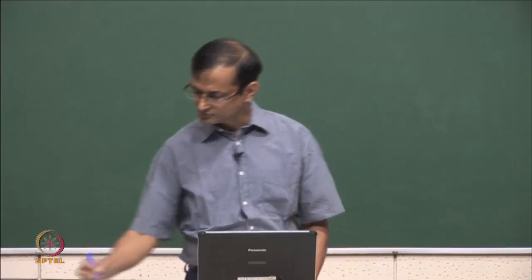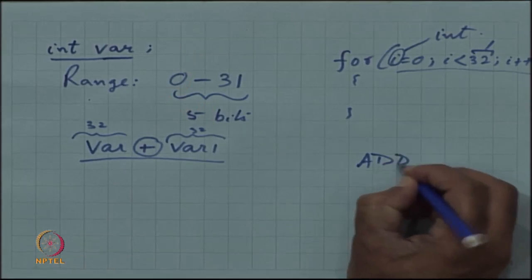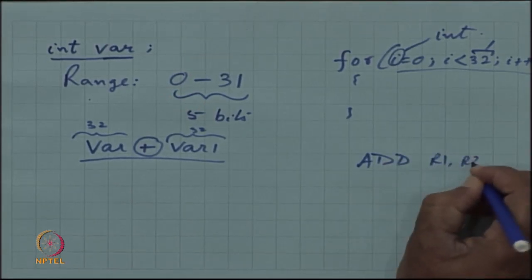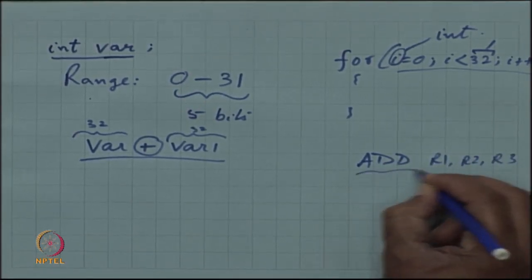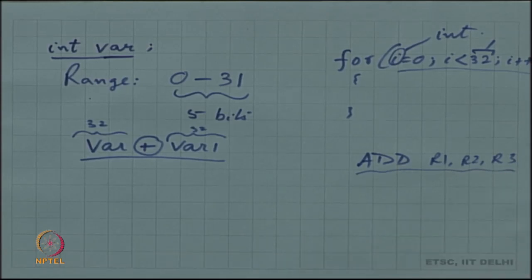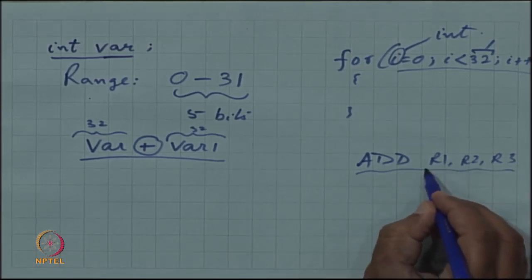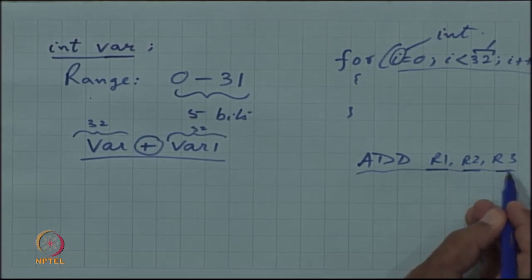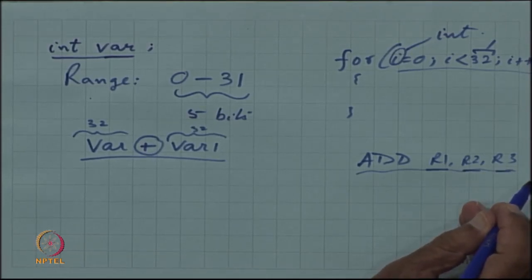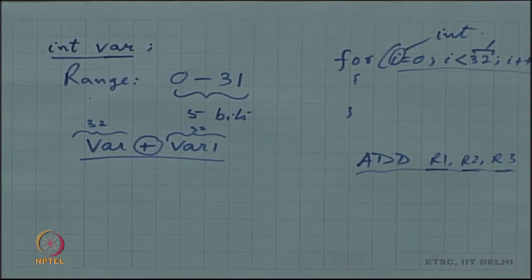Meaning, let us say you go for an add instruction in a processor. This is assuming that the register has a certain width. What is that width? It is 32 bits. So, the fact that our data fits within 5 bits is not really helping.